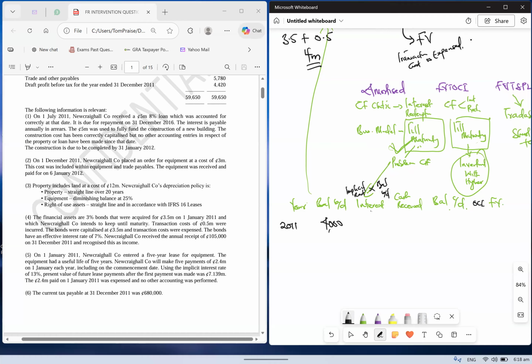But this side, you use the implicit or the effective rate. But the cash received side, you use the nominal multiplied by the nominal value. So in our question, the effective implicit rate is what? 7%. So multiply it by the balance brought down.